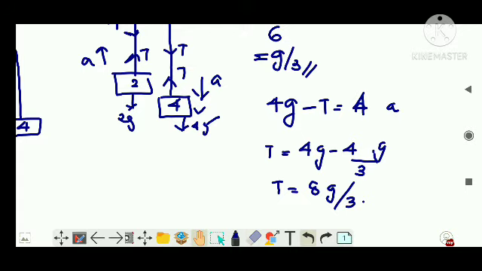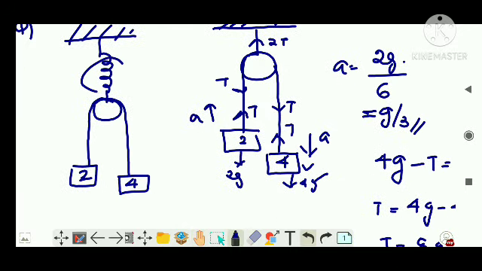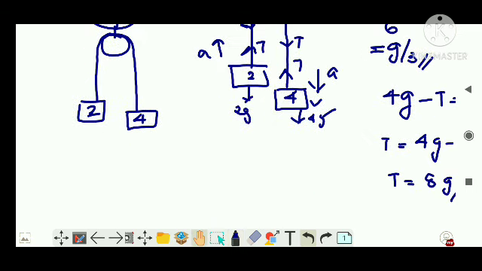Now, what has been replaced here? This spring has been replaced by this string, that is in place of 2T, that is 2T is equal to FSP. So I have to find 2T.